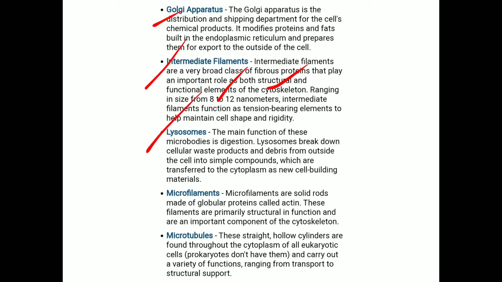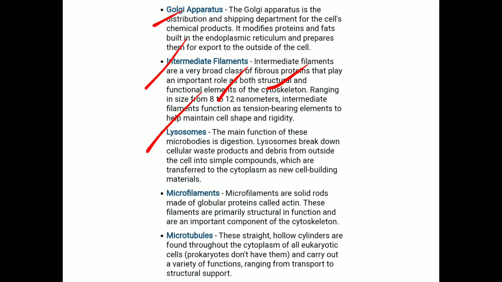Then after that, lysosomes. Generally, already you know the role of lysosomes. Our lysosomes are generally considered suicidal bags of the cells. The main function of these is digestion. Lysosomes break down cellular waste products and debris from outside the cell into simple compounds which are transferred to the cytoplasm as new cell building materials.